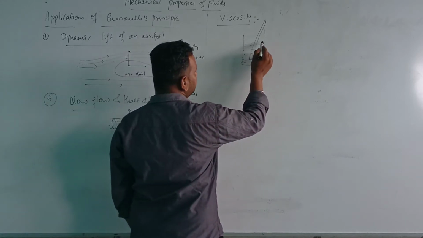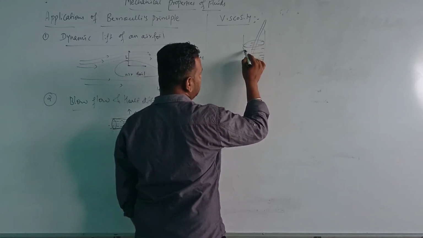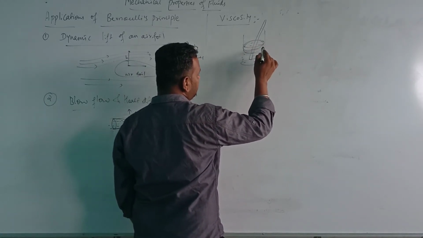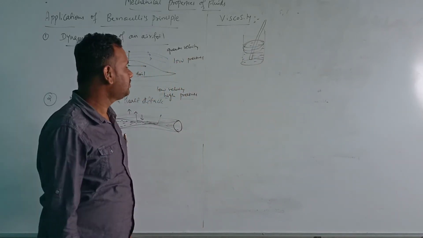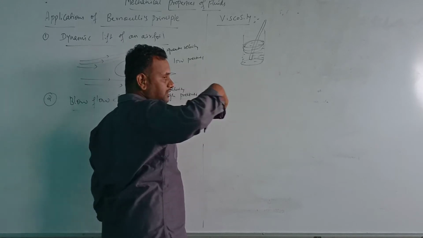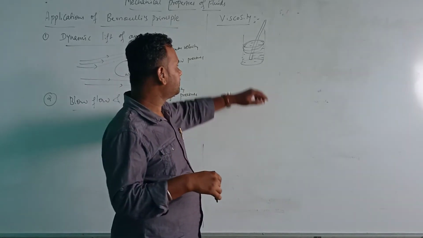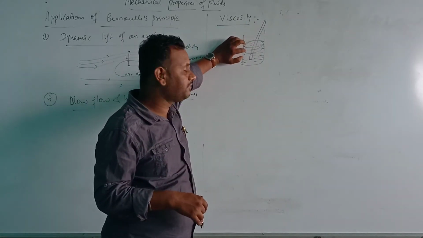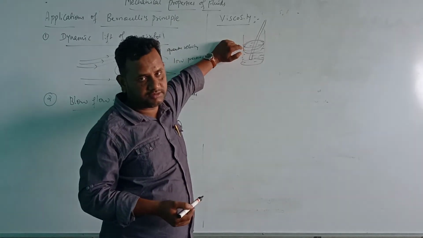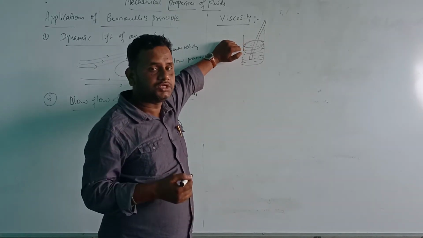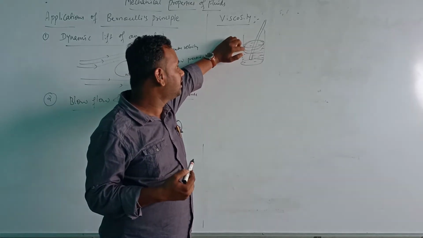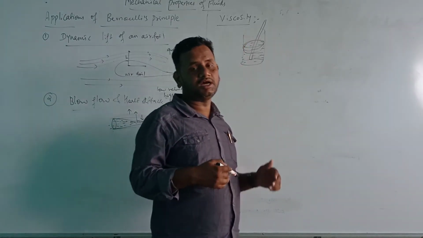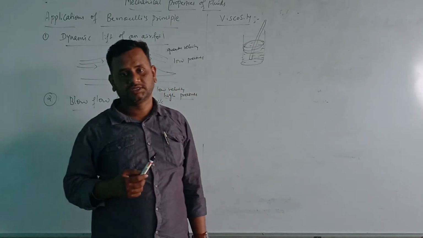So what happens? Because of stirring this liquid, the speed of the liquid goes on increasing. When I was stirring it, different layers of the liquid form inside, and these different layers are rotating with different velocities.